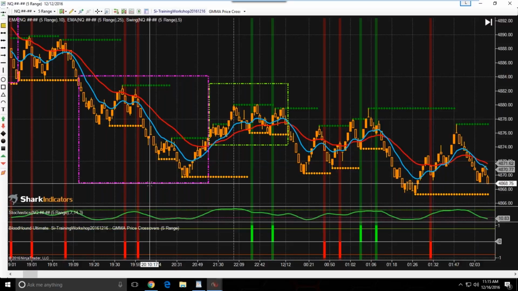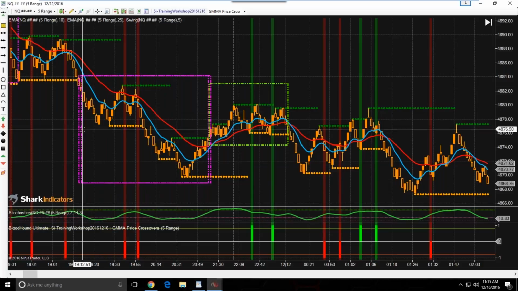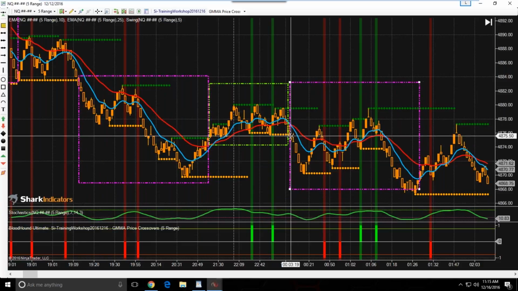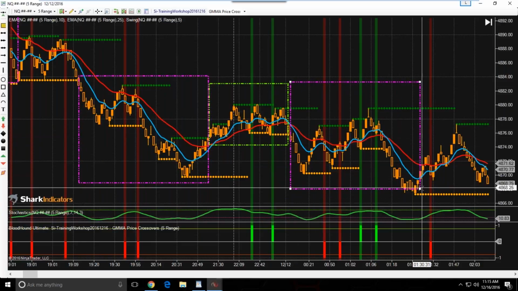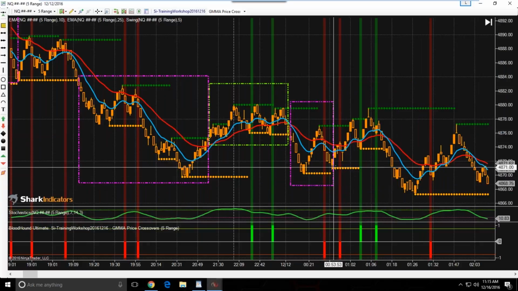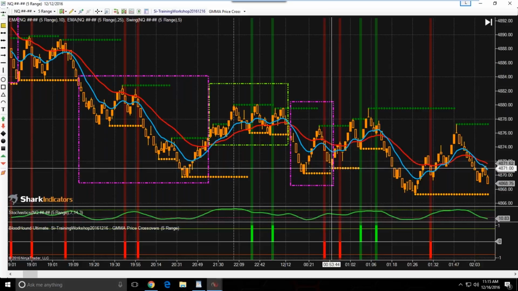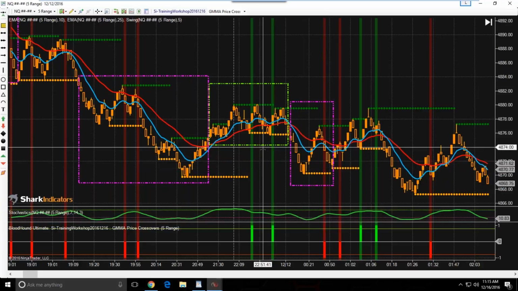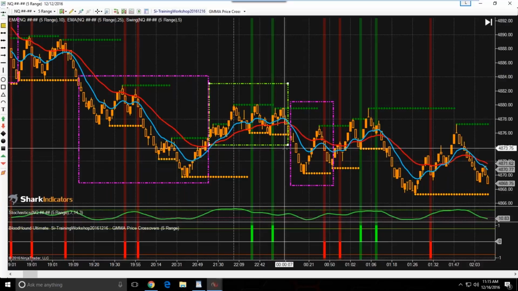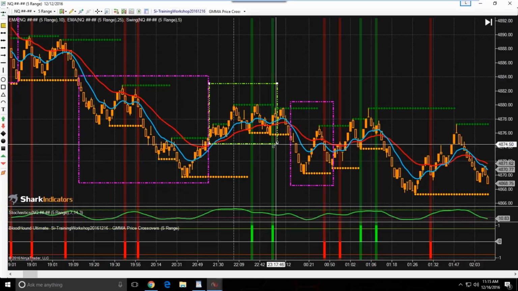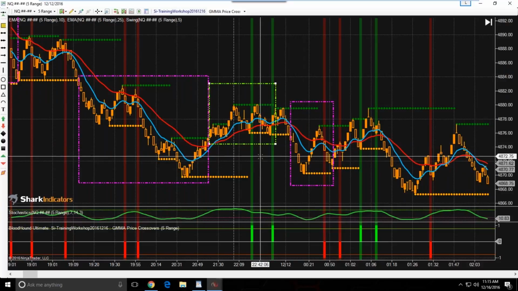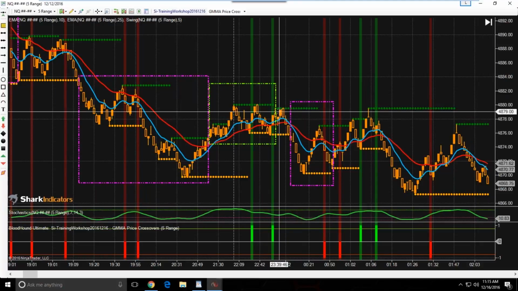Okay, and so we'd be in a downtrend here for a very short period of time. Yeah, till about there, because we had a higher low. So that would end. Oh, and actually, hold on a moment. For that uptrend, yeah, there we go.